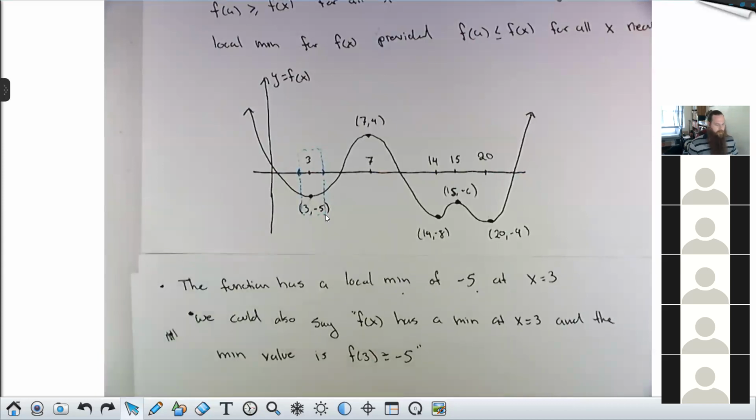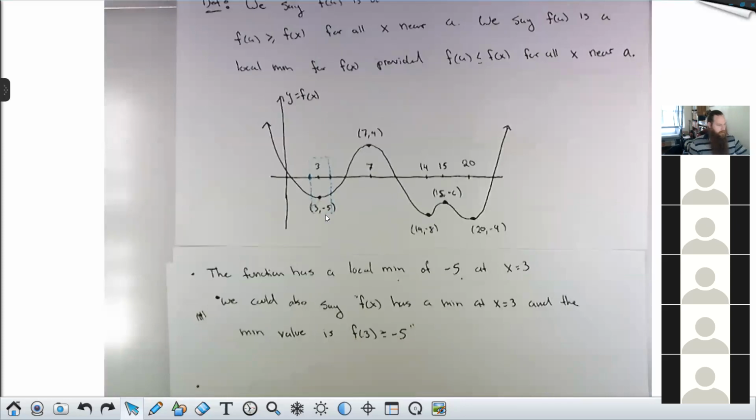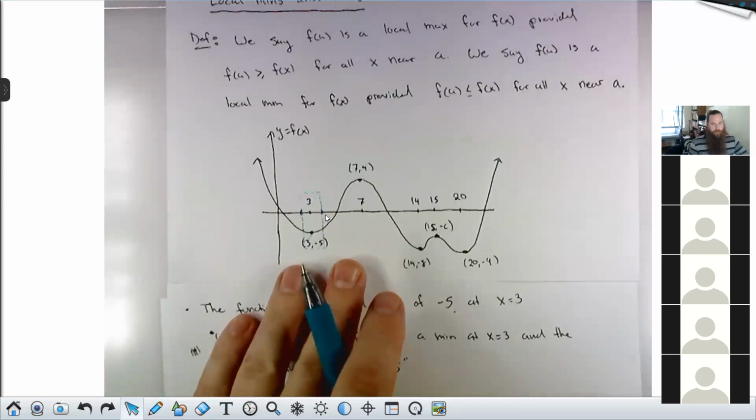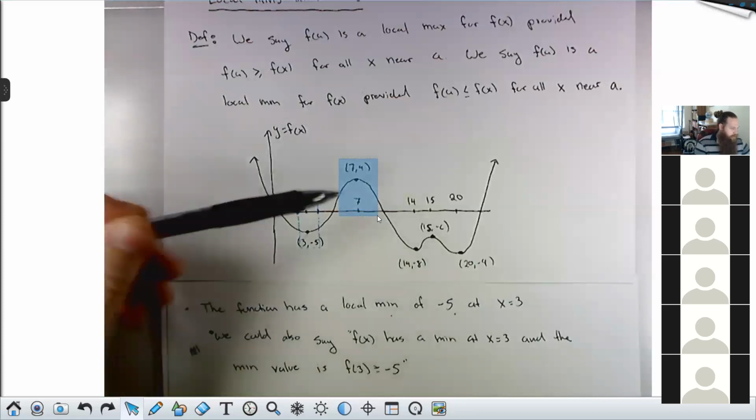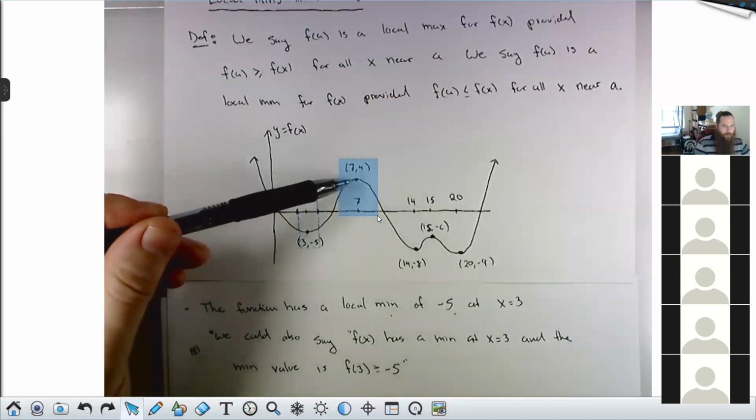If we look at the definition for a local max, we say that f of a is a local max for the function f, provided f of a is bigger than f of x for all x values near a. If I draw a little window centered at 7, then the point on the graph at x equals 7 is the tallest point.